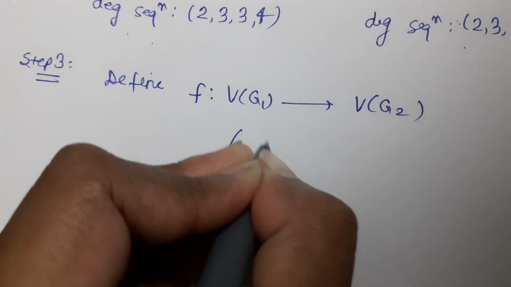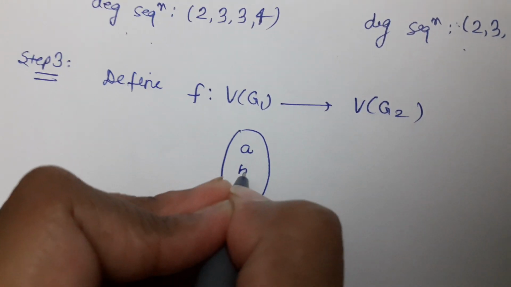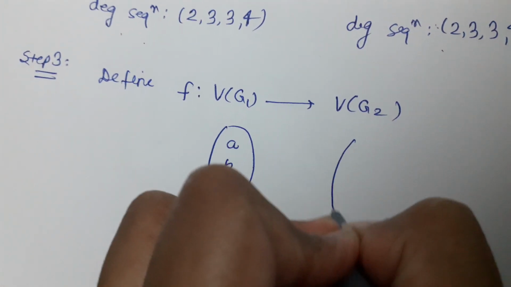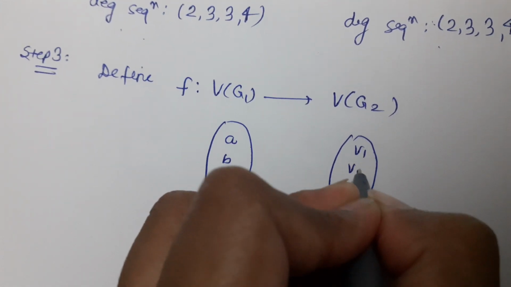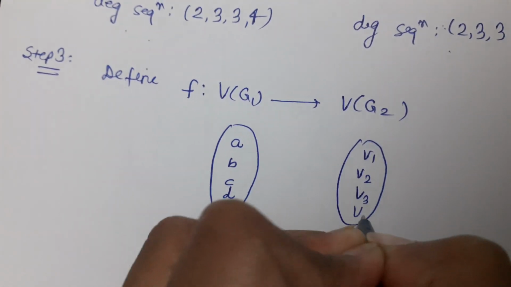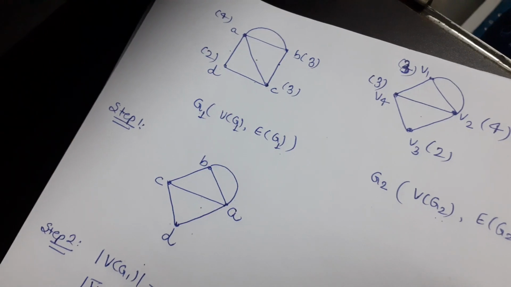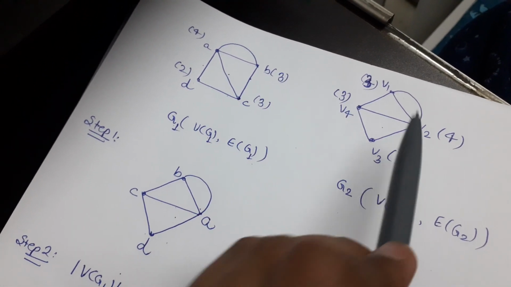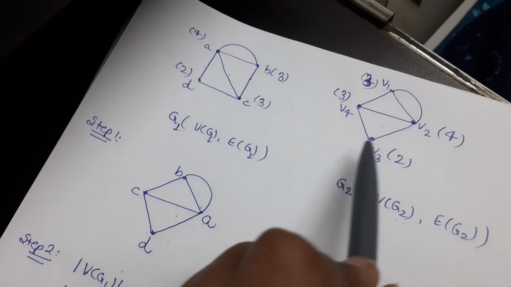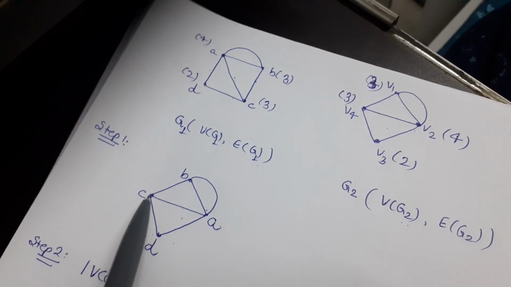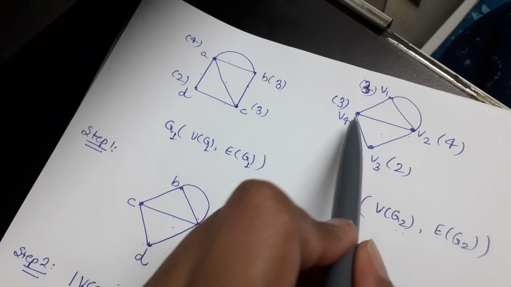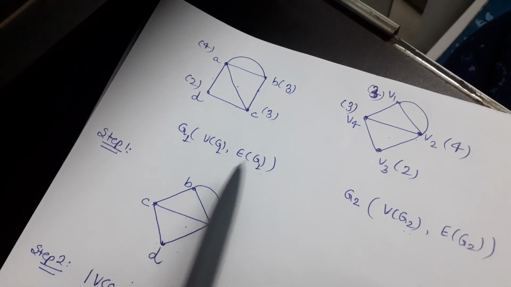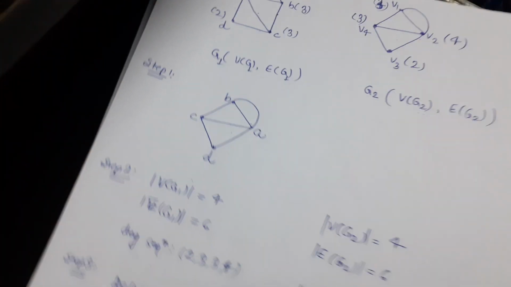So there are 4 vertices A, B, C and D, and here you have 4 vertices v1, v2, v3 and v4. Now we match the corresponding vertices: A will be matched to v2, D will be matched to v3, C will be matched to v4 and B will be matched to v1.